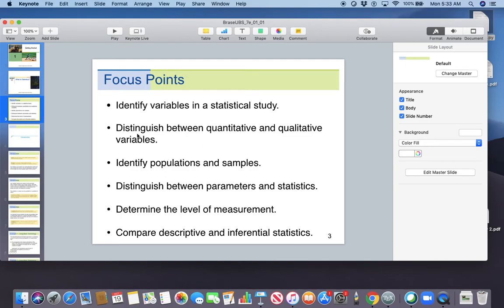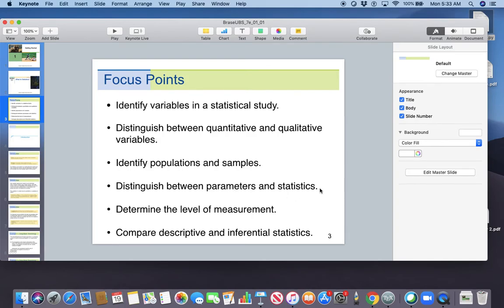We want to be able to distinguish between quantitative and qualitative variables. Quantitative and qualitative. We want to be able to identify populations and samples. Populations, samples. We want to be able to distinguish between parameters and statistics.